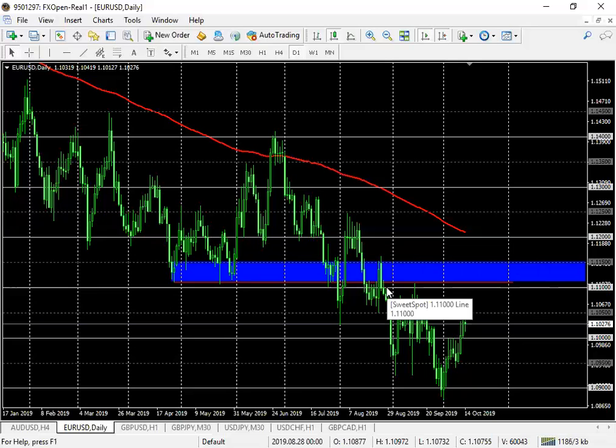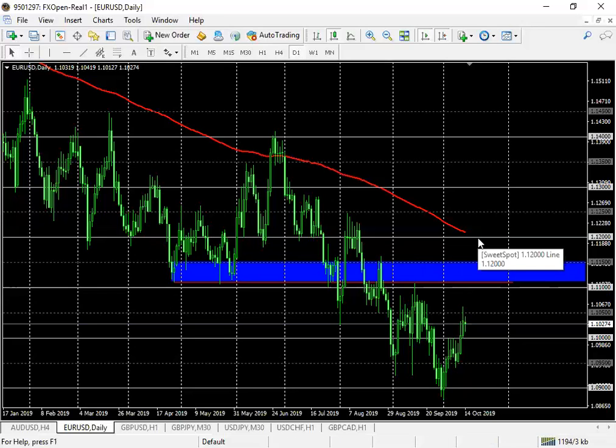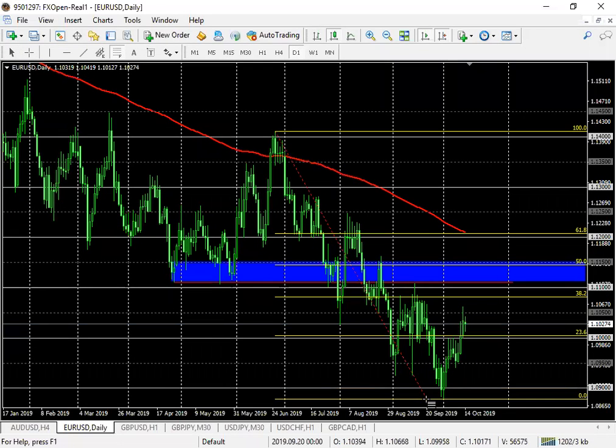As you can see, you have a 200 daily moving average right above the actual price action at this present moment. And if we take our fib from the swing high, from 1.14 to 1.09, then we have a 50% Fibonacci retracement right at 1.1150.